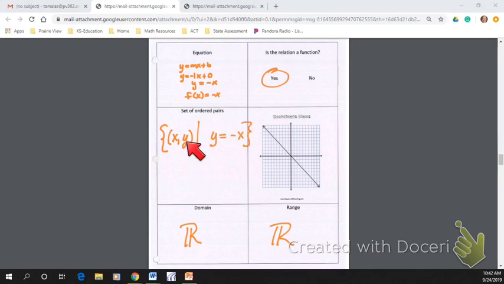That's what it would look like in set notation. It means the set of all points x comma y such that y always equals the opposite of x. So in other words, this point right here is 1, -1. So 1, -1, y is always equal to the opposite of x. Okay? That's what that means. And we're going to stop there for today.